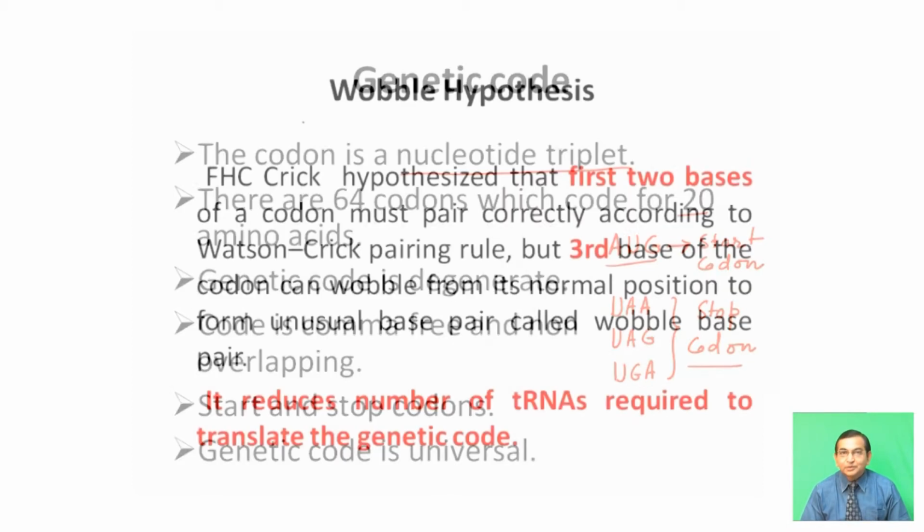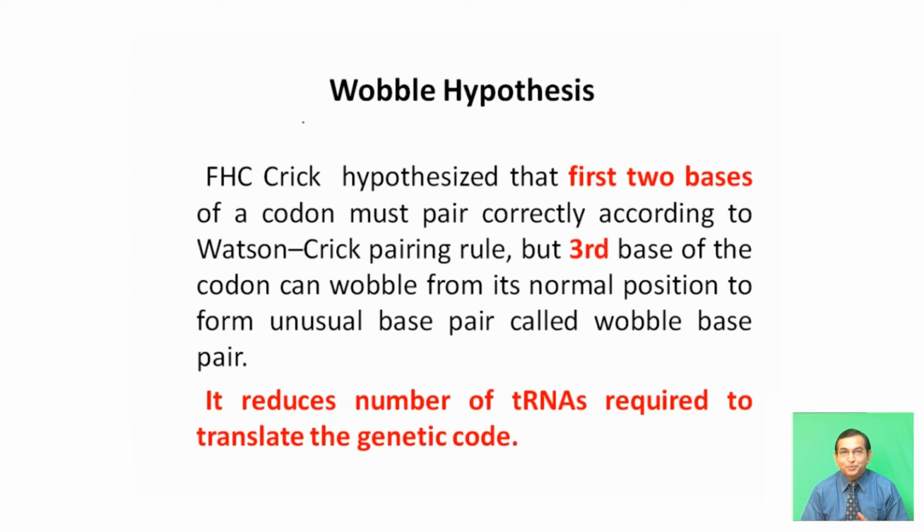So how does the codon anticodon pairing occur? Now F.H.C. Crick has given one hypothesis regarding codon anticodon pairing. According to that hypothesis, the first 2 bases of a codon must pair correctly according to Watson-Crick pairing rule, but the third base of the codon can wobble from its normal position to form an unusual base pair called wobble base pair.